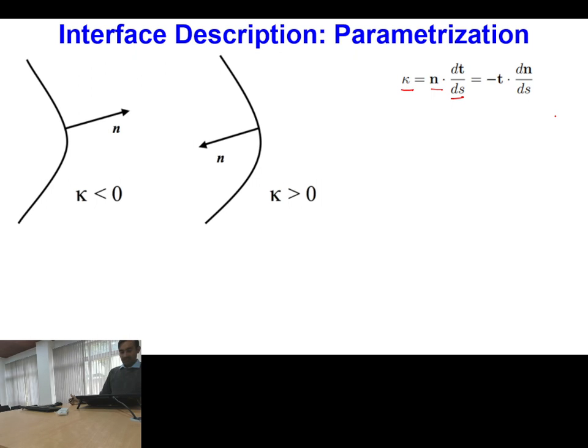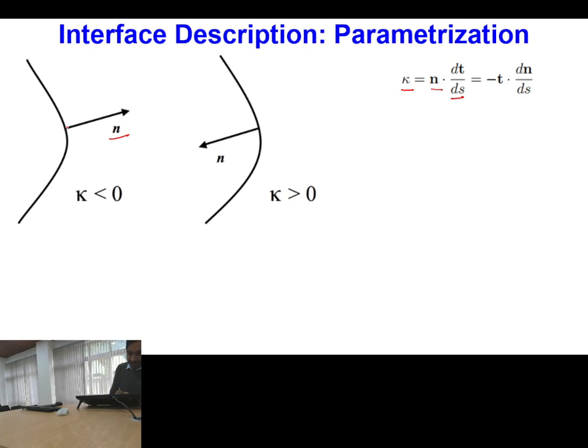Now, when we define the curvature and the normal, it is important to define the directions for both, because along with their magnitude there will also be a sign. Typically our assumption is, if we have some curve, any vector pointing outward from the curve we call the unit normal vector. That is the standard notation.